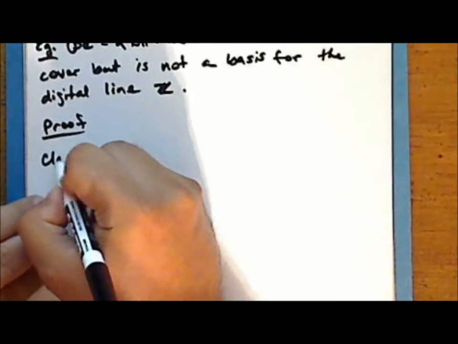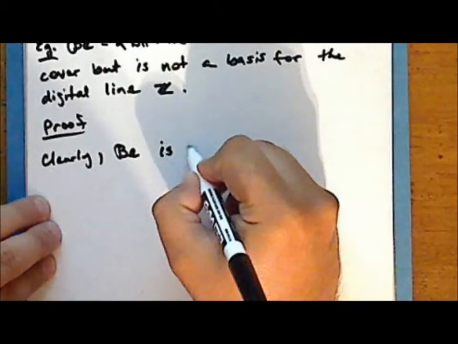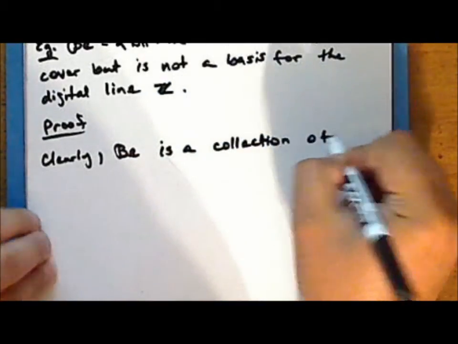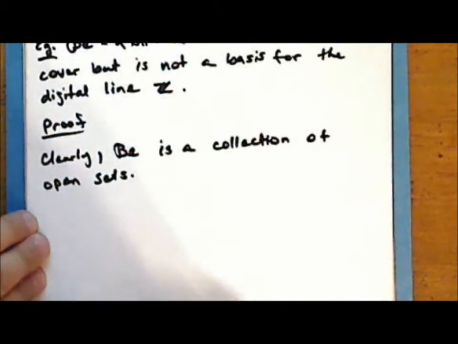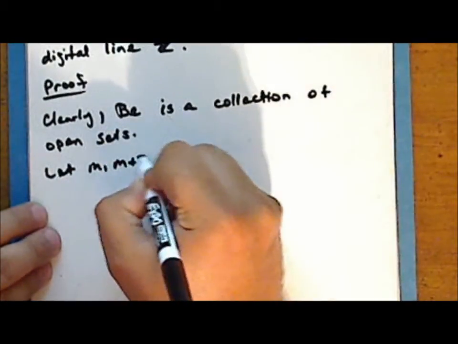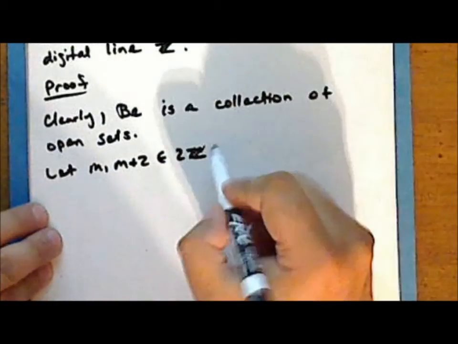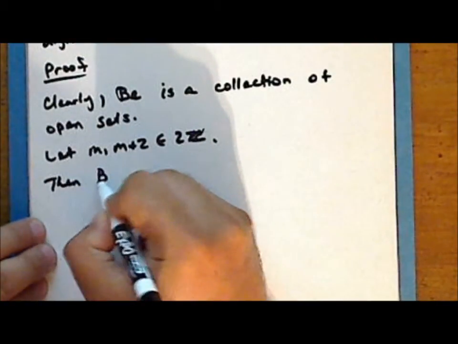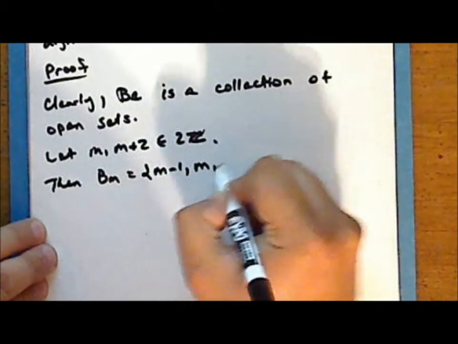Clearly, the collection script B sub E is a collection of open sets. Now let m and m plus 2 be two even integers. Then the basis element B sub m is the 3-point set m minus 1, m, m plus 1.